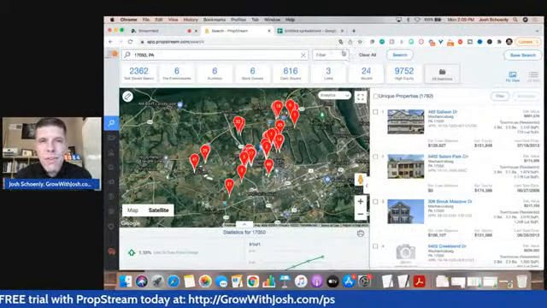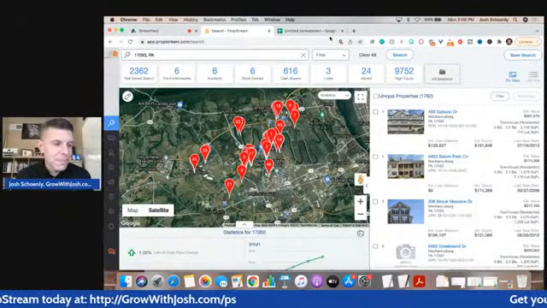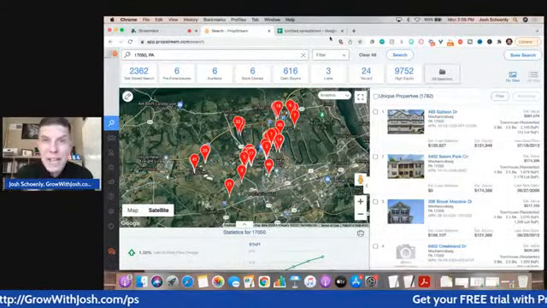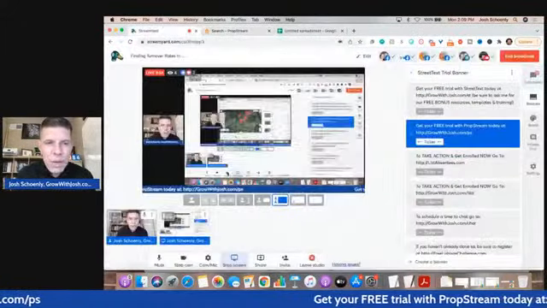Okay. Now, I want to take this a little deeper for you. If I take 1,782 times 6%, there's 106. Let's just call it 100 possible transactions, right?